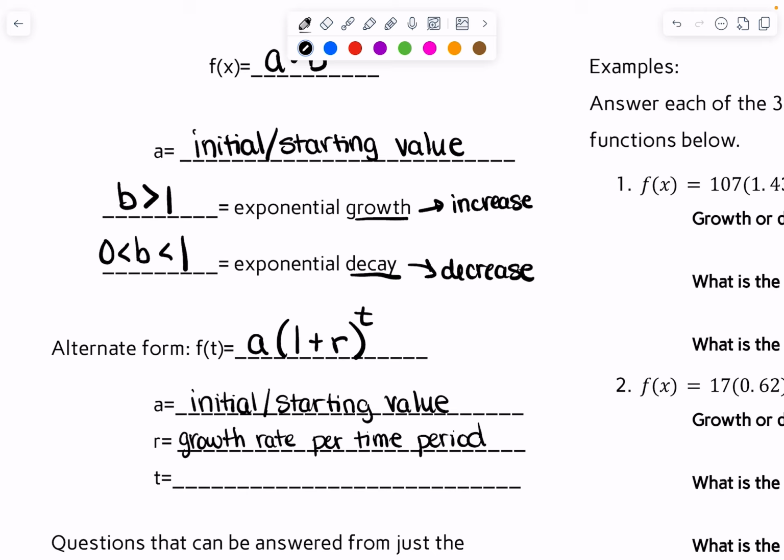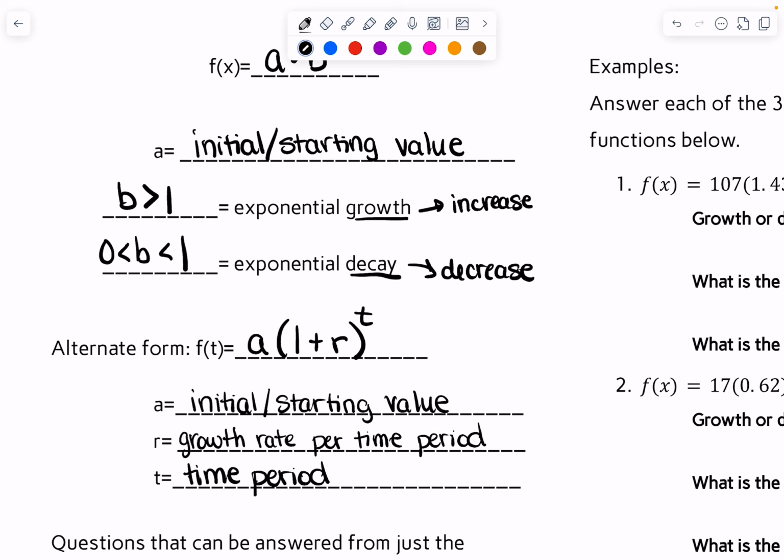If we're thinking about the value of your savings account, if you have a percent interest per year, that would be the growth rate per year, where the time period would be the year. And then t is representing that time period.